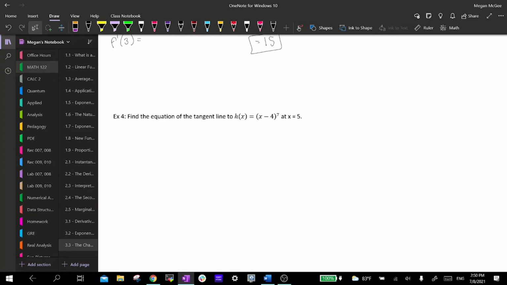Alright, so we need h prime of x. So this is our derivative with respect to x of x minus 4 quantity raised to the 7th. This is going to need a chain rule. Okay, so we need chain rule.